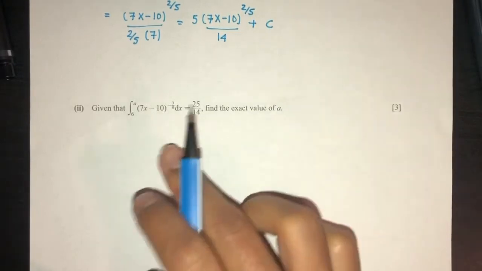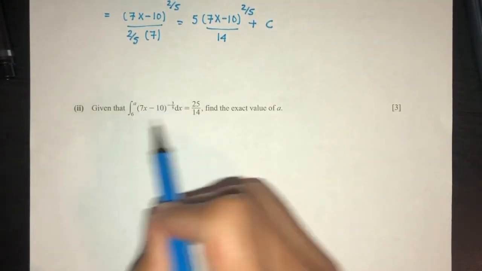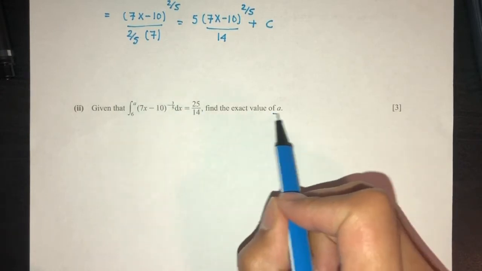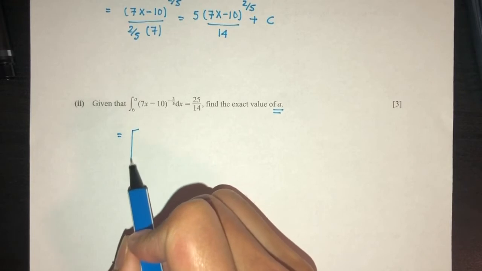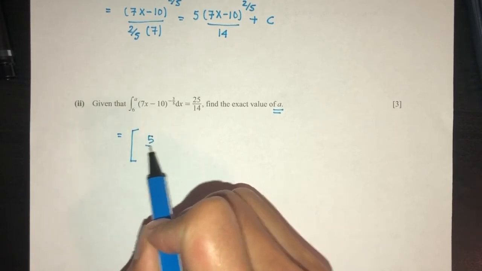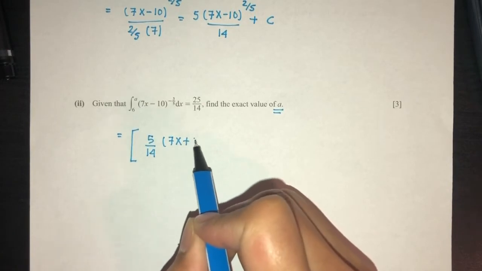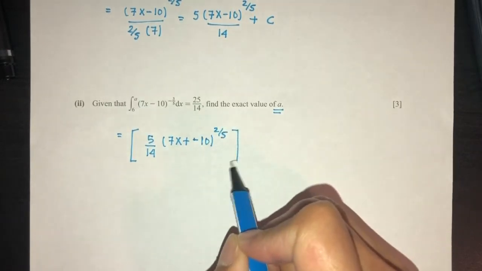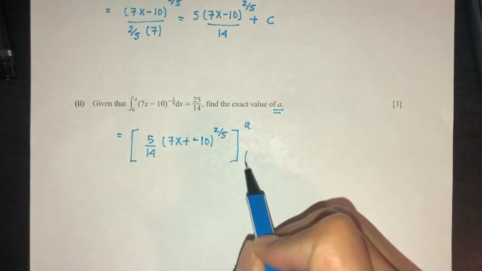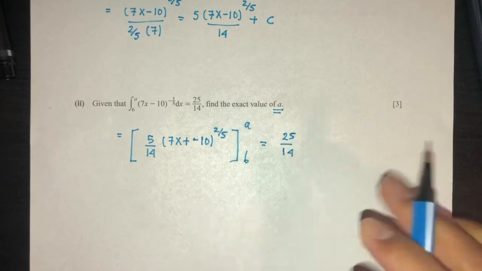Now moving on to the next part, here we have, given that we have a limit now, this is supposed to give you this value, find the value of a. So pretty easy. So this is going to give you this 5 over 14 times 7x minus 10 to the 2 over 5, limits of a and 6. It's supposed to give you 25 over 14.